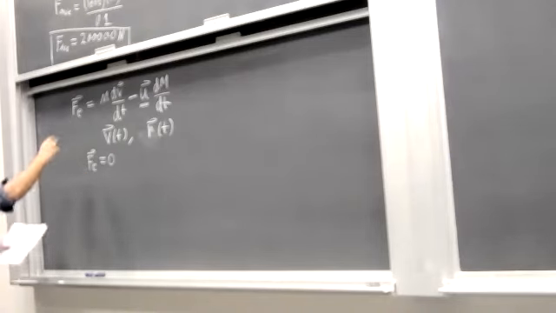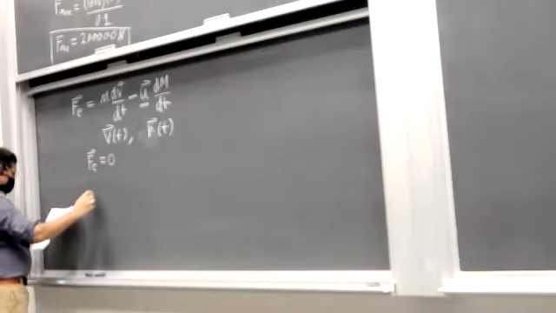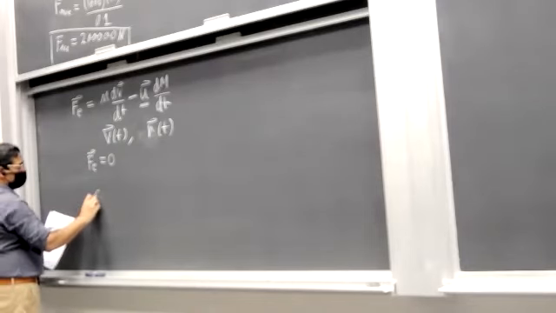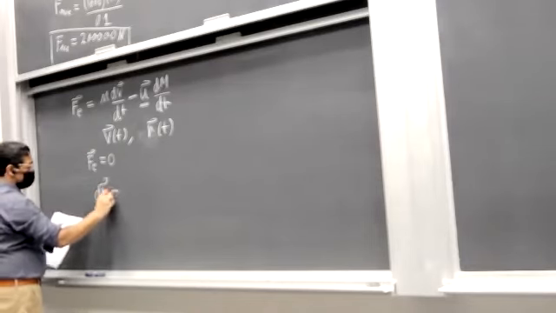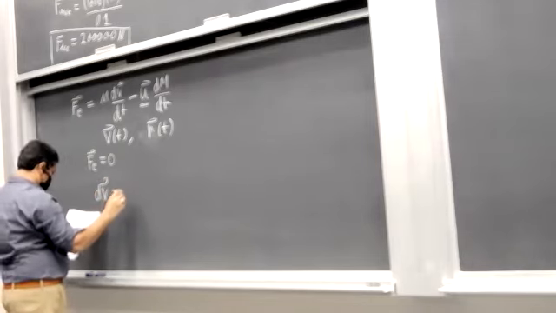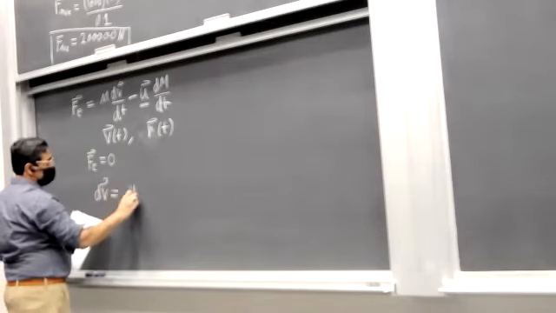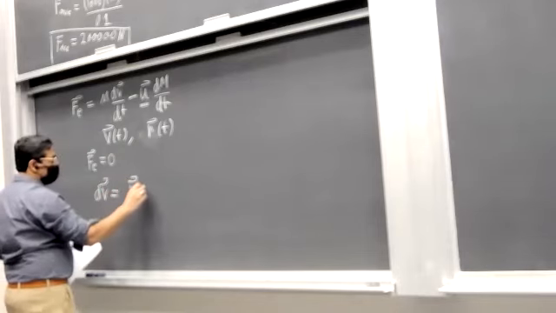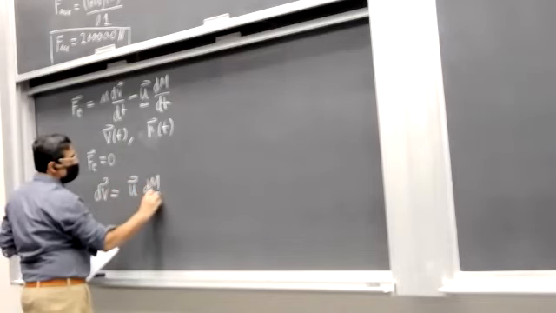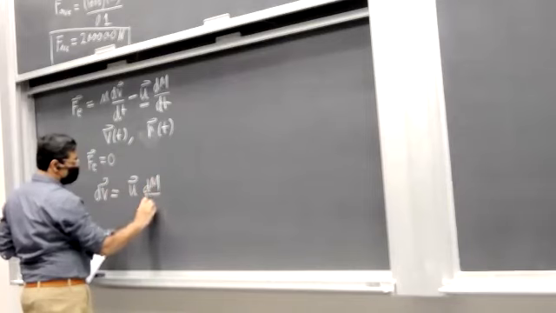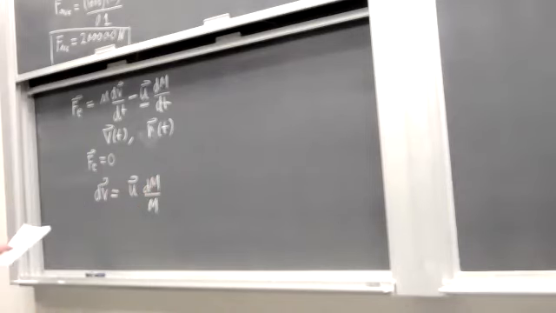So then you will have an equation. You just plug in this value. So you will have an equation that looks like this: dv equals u dm over m. Okay.